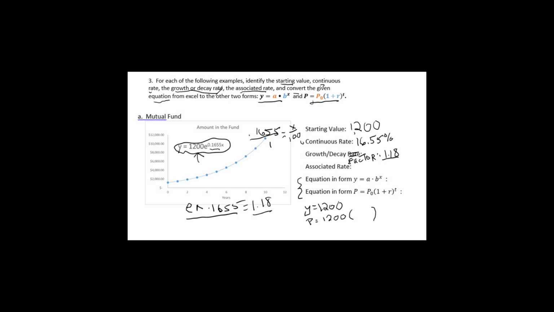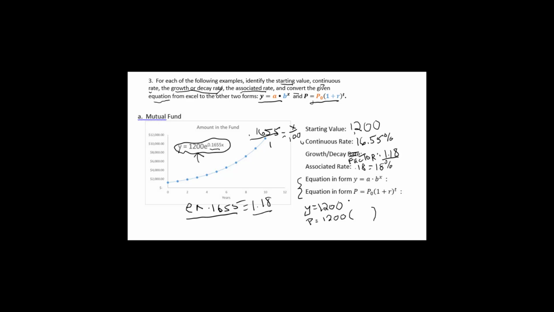So what is the associated growth or decay rate? Well, this is 1 plus R. So it's 1 plus 0.18. 0.18, you hopefully would know that would be 18%. So now I have enough to do this because I have the growth or decay factor.